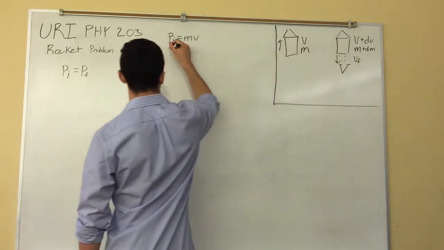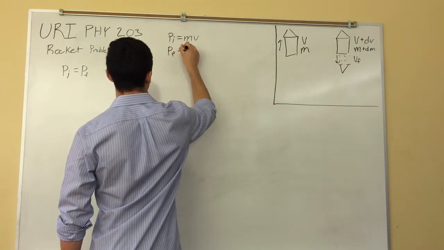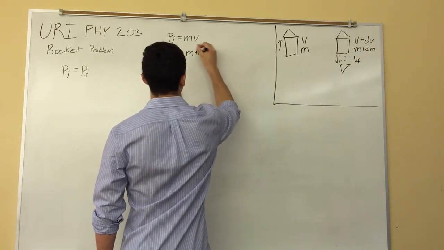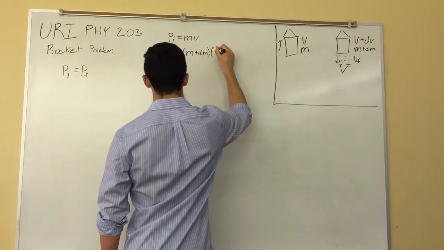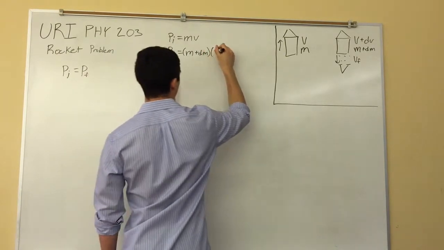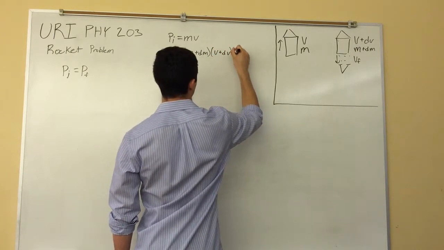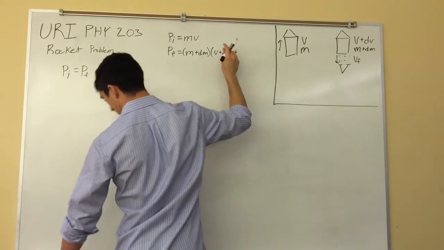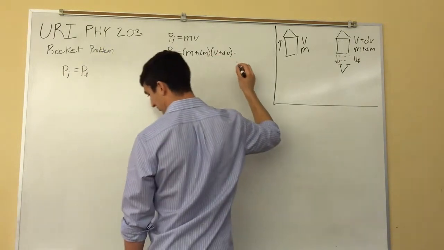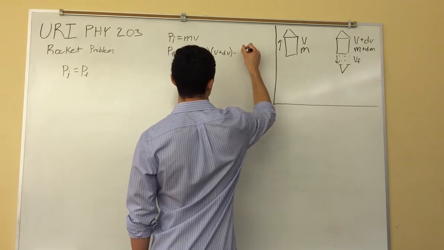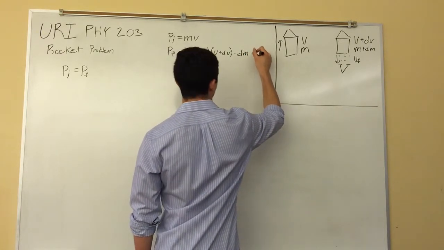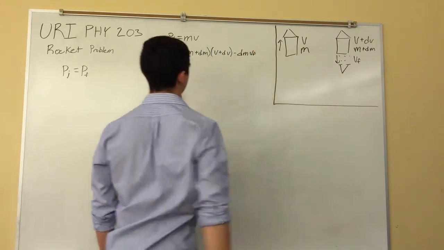So P final is equal to m plus dm times v plus dv, plus, no, don't do that, minus, well, you add the negative dm, because dm is negative, dm, and then v final, right?